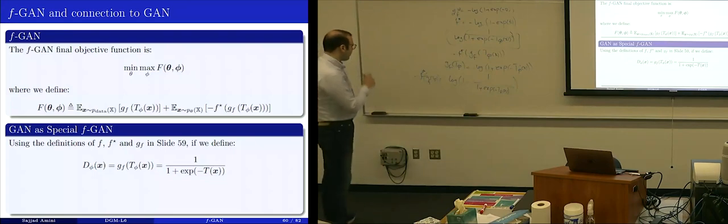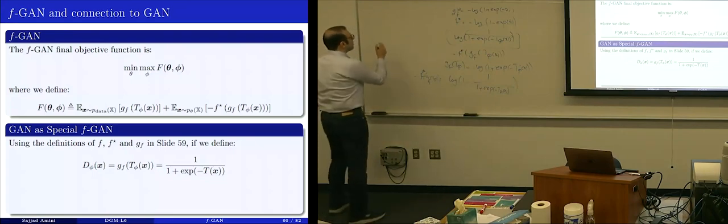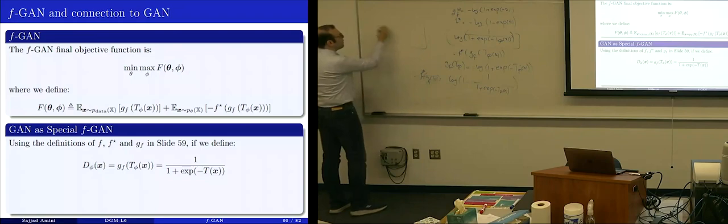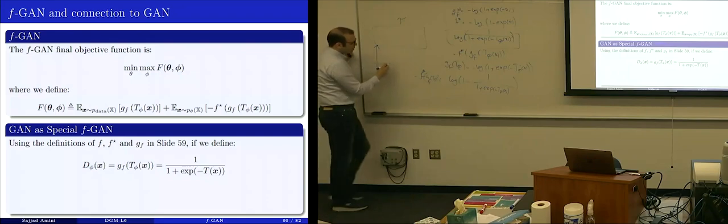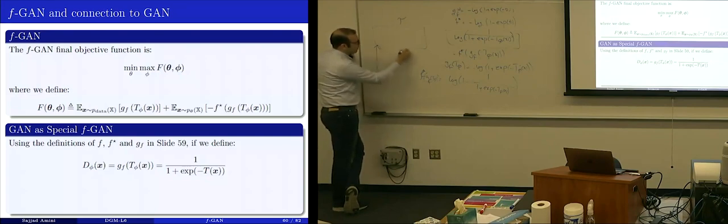The second problem was about what happens when we select T from a family. The concept of a lower bound here is a bit different. Assume that this is the true distance metric, the F divergence.